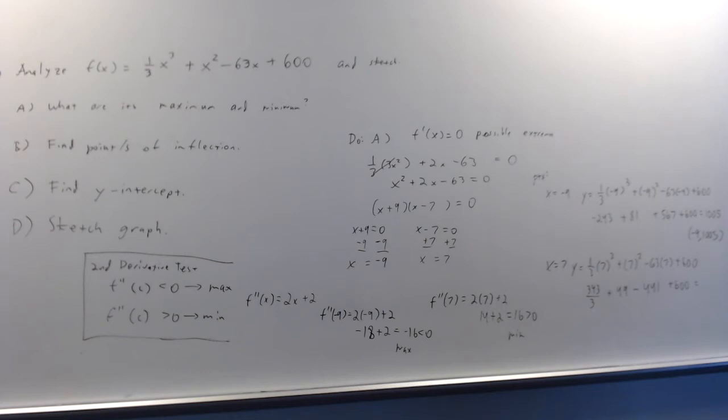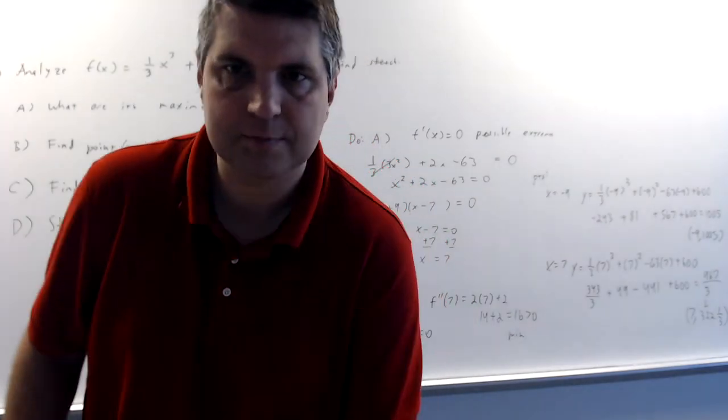So 343 thirds plus 49 minus 441 plus 600 is 967 thirds, which is 322 and 1/3. So that point will be 7, 322 and 1/3. That's what we'll use for graphing purposes.